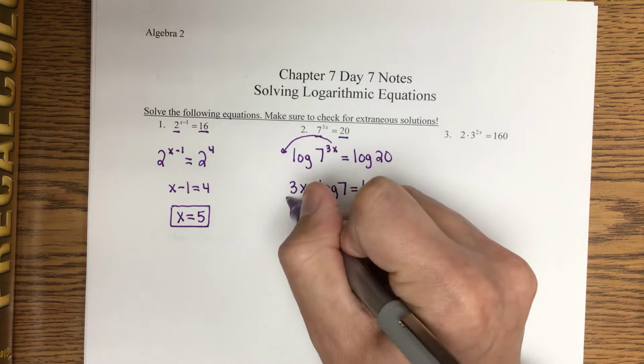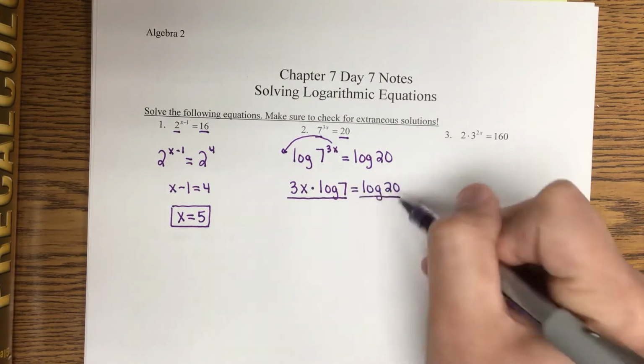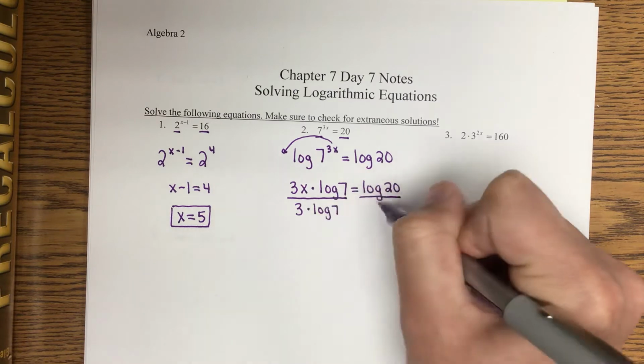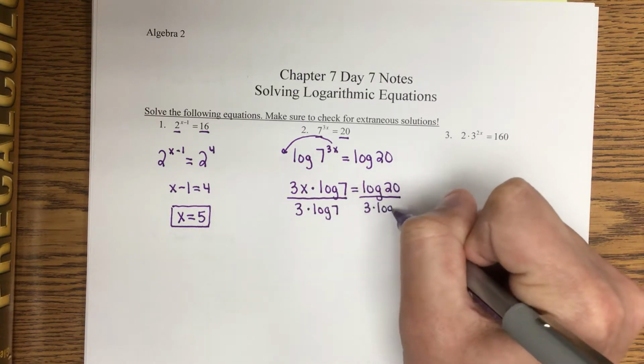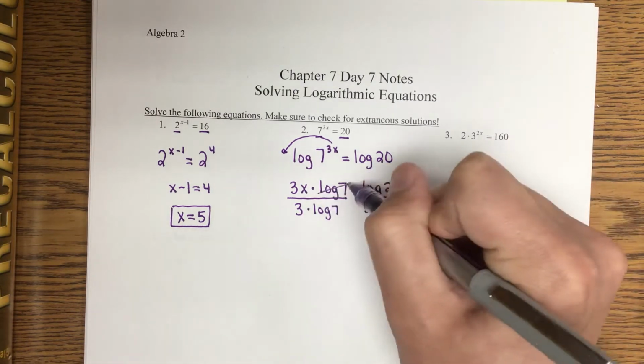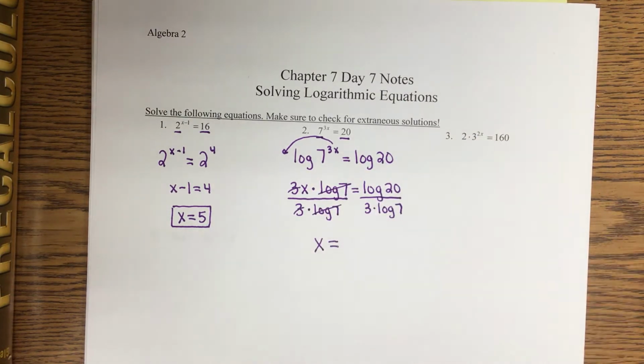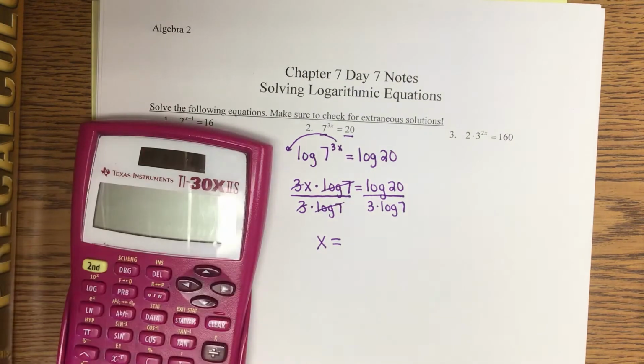I am then going to divide to get x by itself. I'm going to divide by 3 and the log of 7 on both sides. And if you notice, those would cancel over here to get x by itself. So I'm going to have a calculator here for this. Here's my calculator.